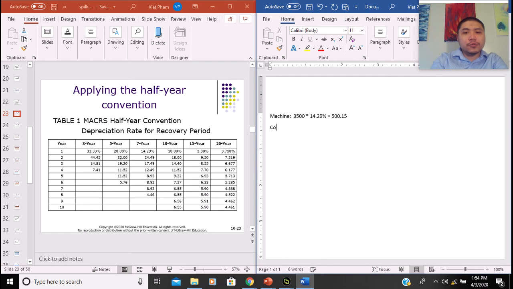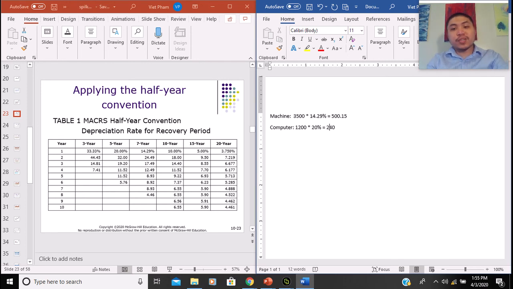No, for the computer, with $200, and the rate was 20%. So that was $40.